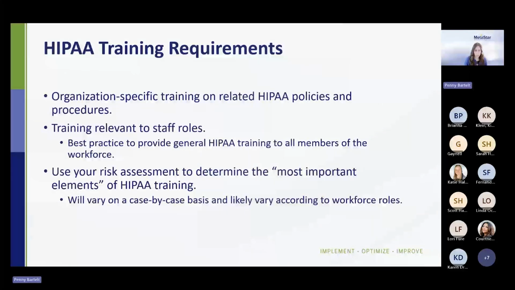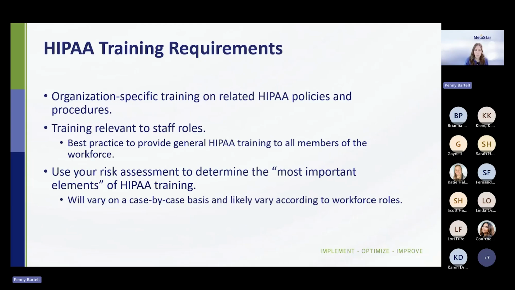So you also need to do organization-specific training. So, you want to cover what your organization has when it comes to certain procedures and what you require. Make it relevant to staff roles. So the best practice is to provide training to all the members of your workforce so everyone has a blanket understanding, and then you can enhance areas specific to job functions.